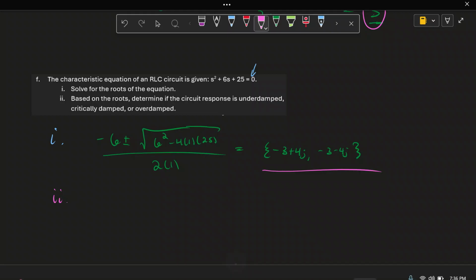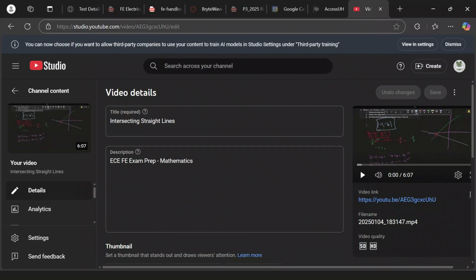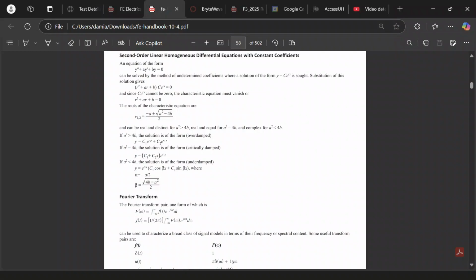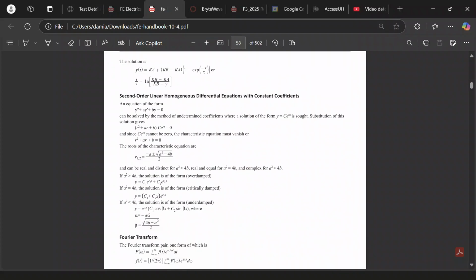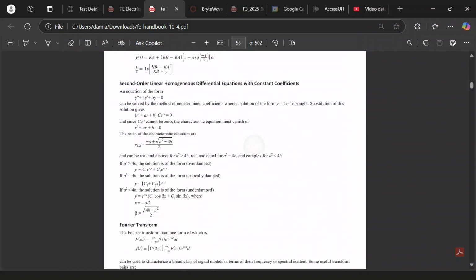The way we do this is, and this is not in the straight line or in the quadratic formula part. This is on page 58 in the second order linear homogeneous differential equations with constant coefficients part.